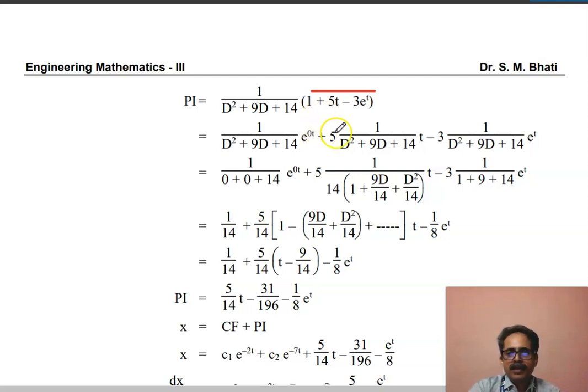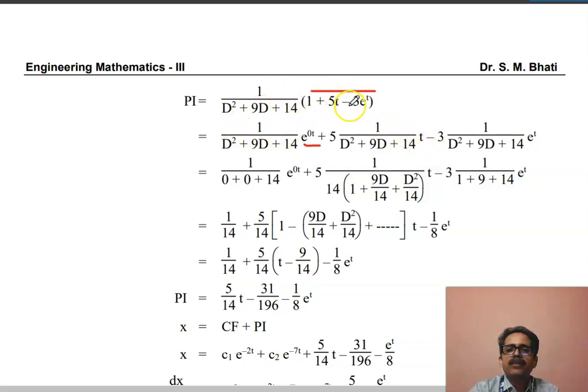Here we are applying the linear property. So the operator acts on 1, and 1 is written as e raised to 0t. Please note that this 1 is written as e raised to 0t. Then for the second term you can take 5 outside, and the same operator acts on t.